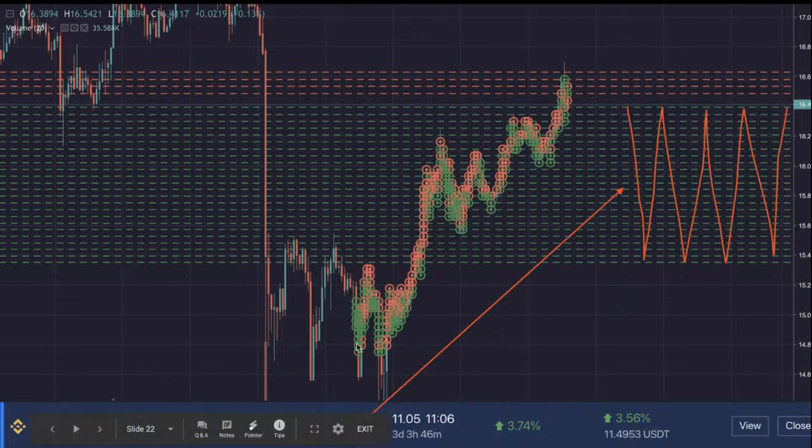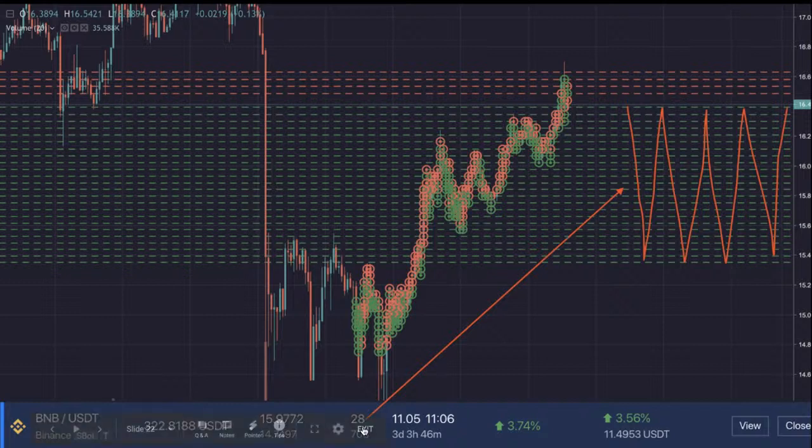You see that the price started to move upwards in the direction I predicted, and the problem here is that I got stuck with many buy limit orders below the price action. The upside momentum was so intense that I didn't have enough downside price swings for my grid levels to be triggered.